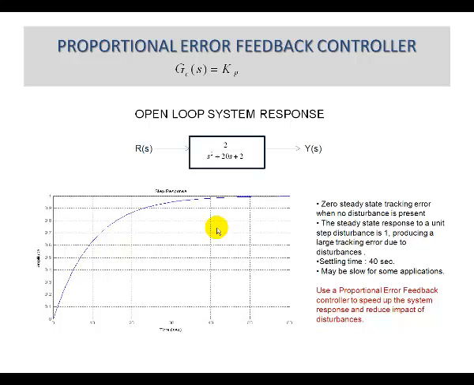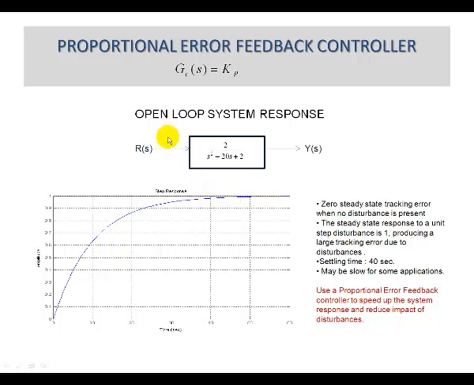The second point is if you have a disturbance that's entering at the input of this open loop plant, it will have the same response as this. So a step input due to a disturbance will produce the same output here.